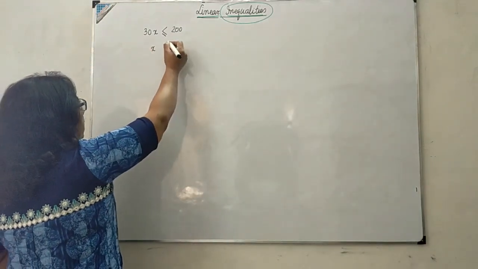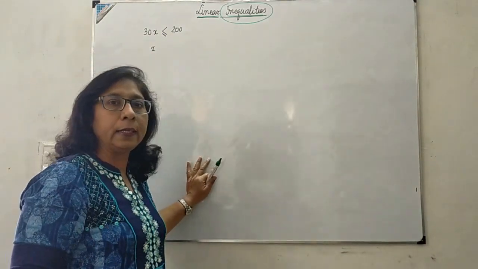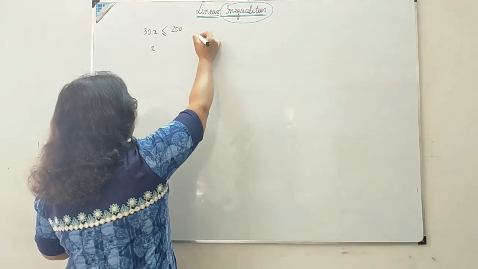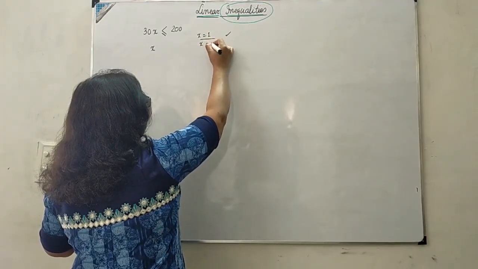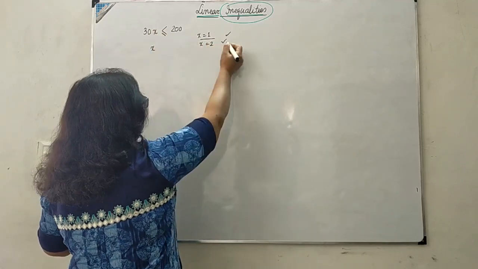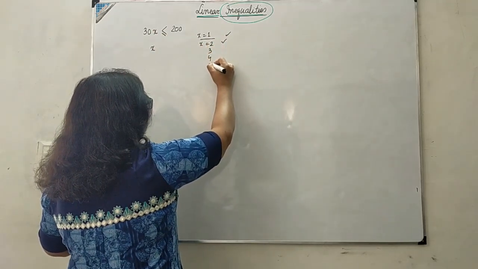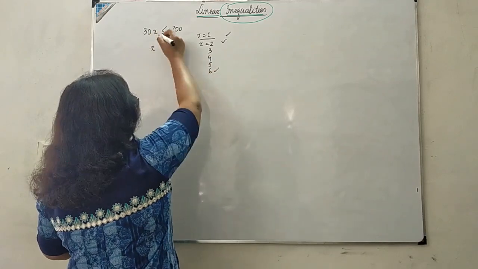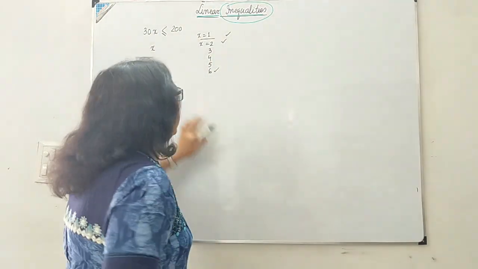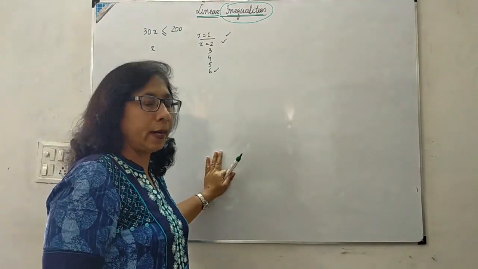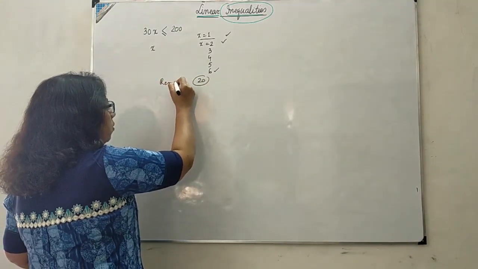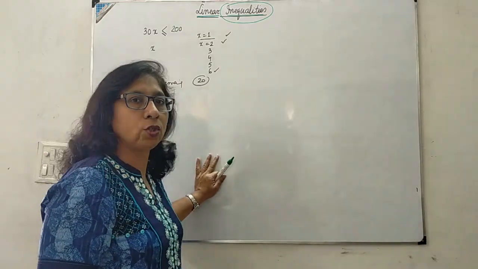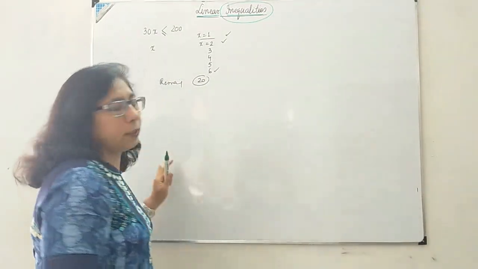Because each is 30 rupees, he can buy 6 chocolates. x equal to 1 satisfies this, 2 also satisfies this, 30 into 2, 3, 4, 5 and 6. 30 times 6 is 180. Up to 180 rupees he can spend, but the remaining 20 rupees, he cannot buy 2/3 of a chocolate because it costs 30 rupees.